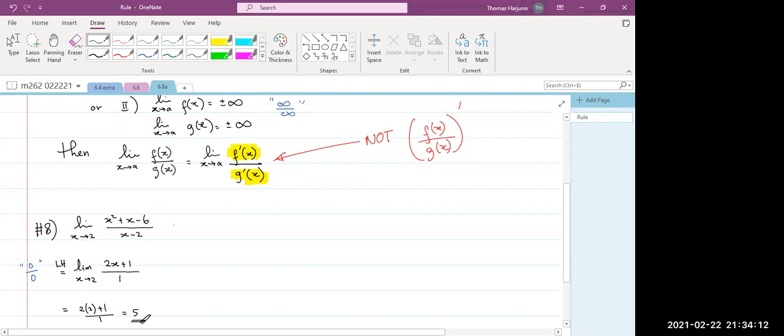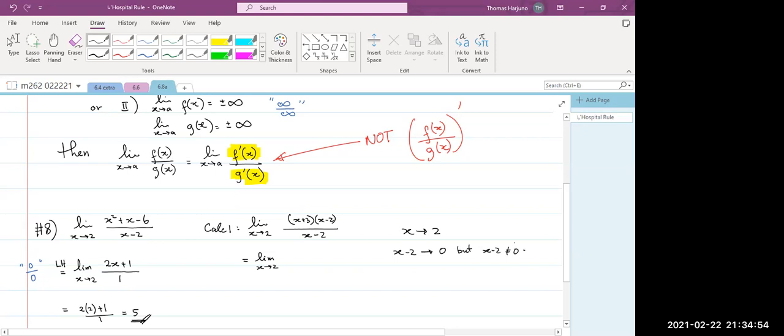Suddenly we have a new method to compute the limit. While if we do it using the calculus 1 method, notice that you can factor the numerator. It becomes x plus 3, x minus 2 over x minus 2. And we can cancel x minus 2. The reason is x is approaching 2, but x is not 2. x approaching 2 means x minus 2 approaching 0, but not equal to 0.